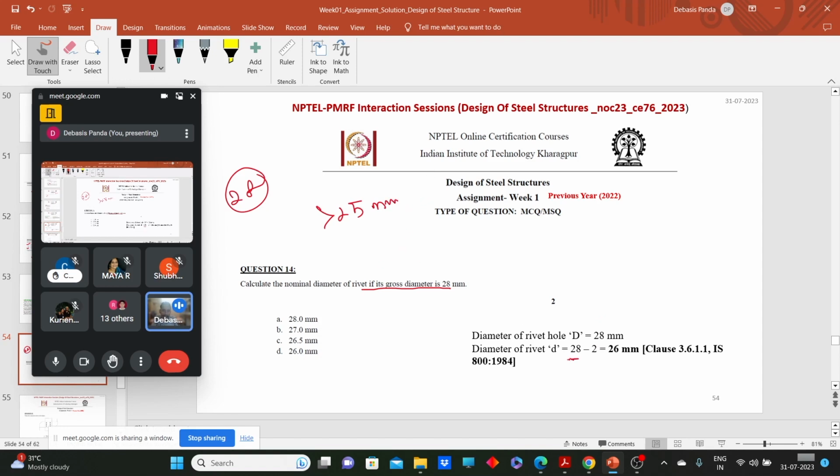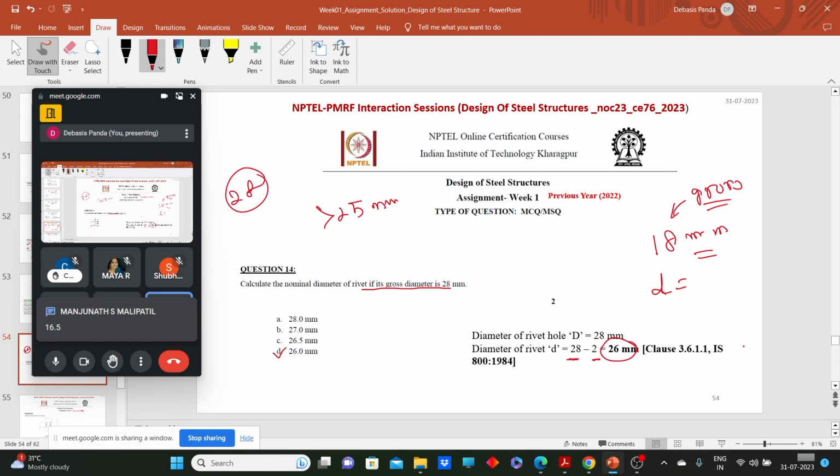So what do we need to do? 28 minus 2. So 26 mm will be the nominal diameter of the rivet. So what will be the answer? 26 mm. Clear? Say if the diameter of rivet is 18 mm, this is the gross diameter, 18 mm. Now tell me what will be the nominal diameter of the rivet? Quickly.